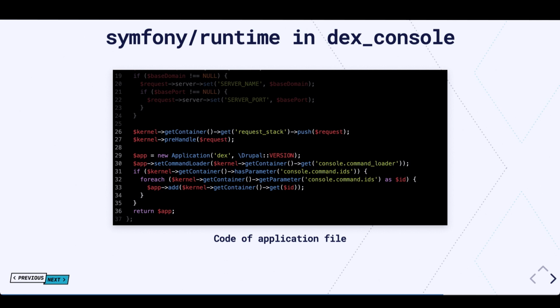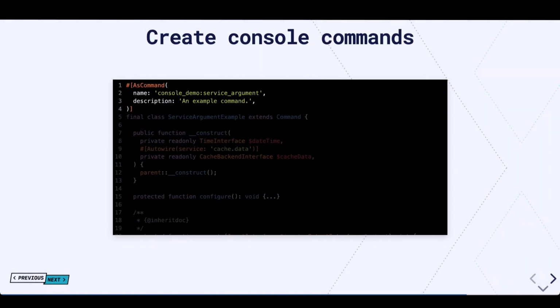We are giving it the name DEX for now, but you can give any name. After that, we will set the command loader service, which we defined earlier with all the arguments, and iterate through each command service, and register each service as a command in our application. So that's pretty much it about the whole scaffolding.